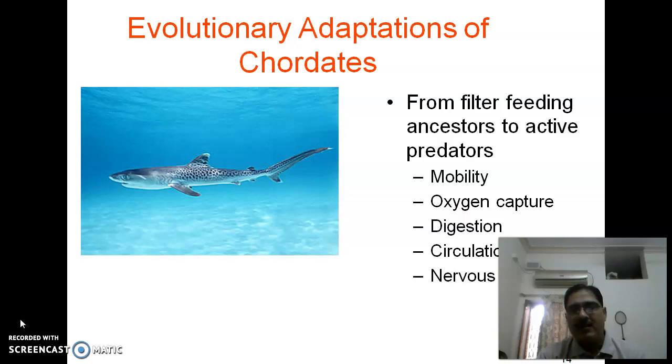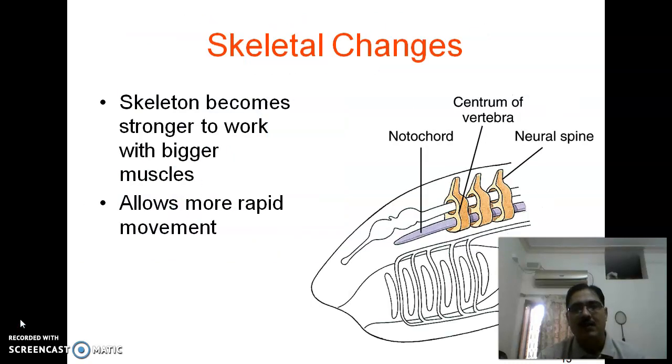There are certain characters which make them active predators like mobility, oxygen carrying capacity, the process of digestion, advanced circulatory system and advanced nervous system. The skeletal changes which we can observe in chordates include the endoskeleton is much stronger and can work with bigger muscles, and it also allows rapid movement.